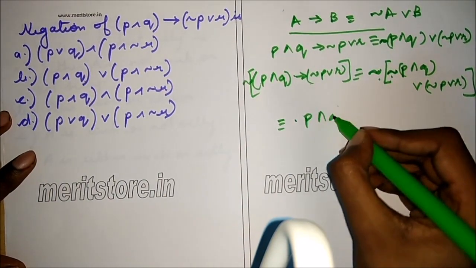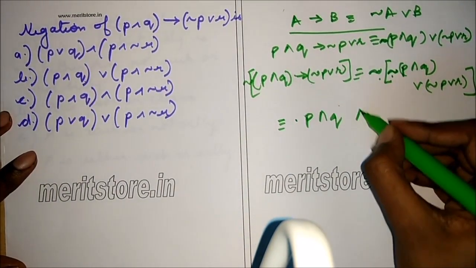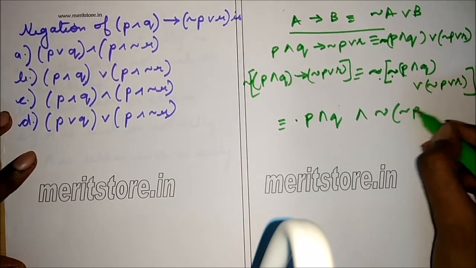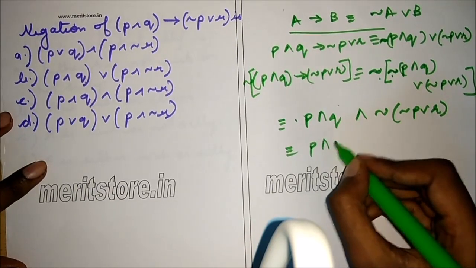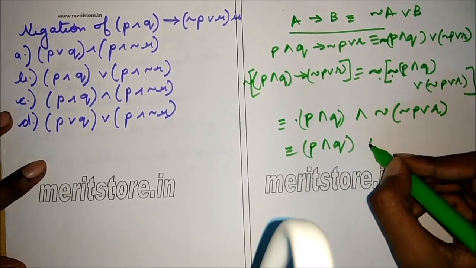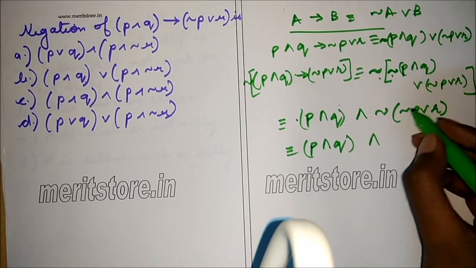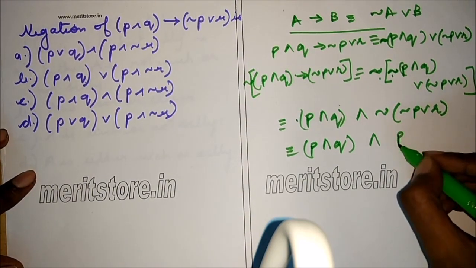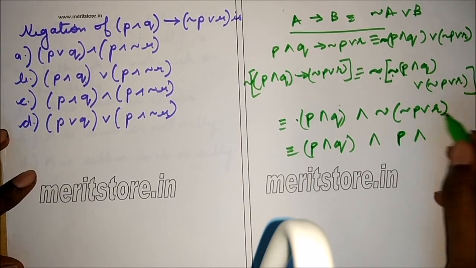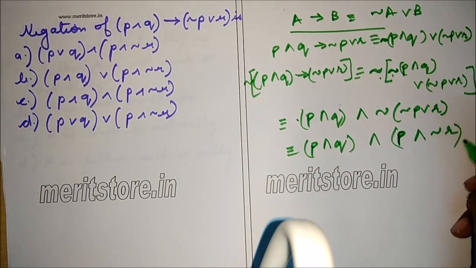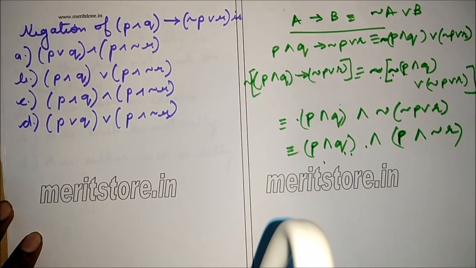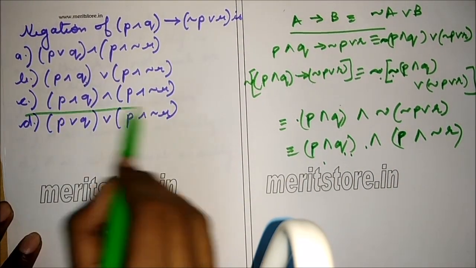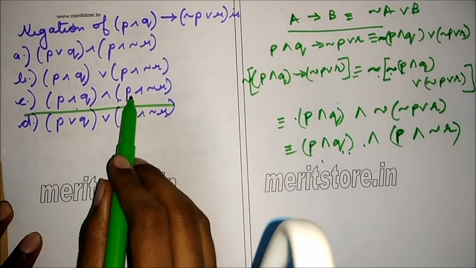So P and Q, negation of or is and, negation of negation P or R. So this is P and Q, and we bring negation inside the bracket. So negation of negation P is P, negation of R is negation R. So final answer is P and Q and P and negation R, which is option C.